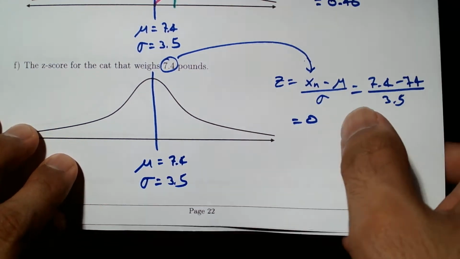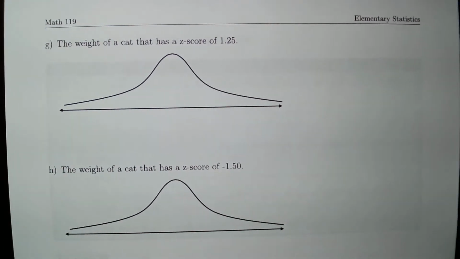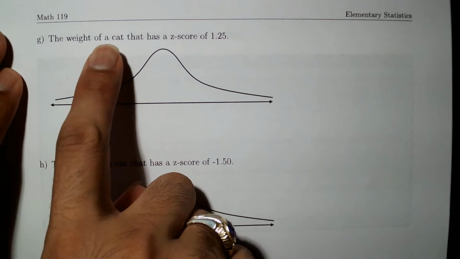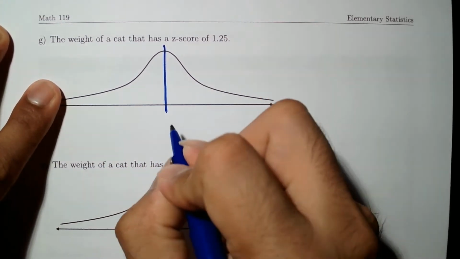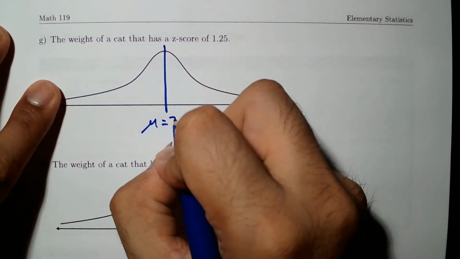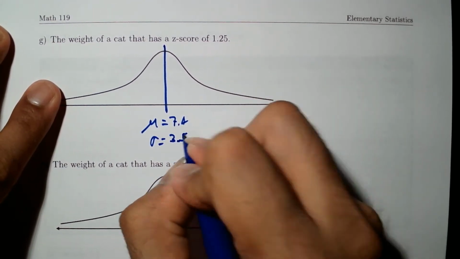Okay, now let's do this calculation the other way around. Now, they are going to give us the z-score, and then we are going to find what the weight of the cat is. So the weight of the cat that has a z-score of 1.25. So we know that mu is still the same, 7.4, sigma equals 3.5.